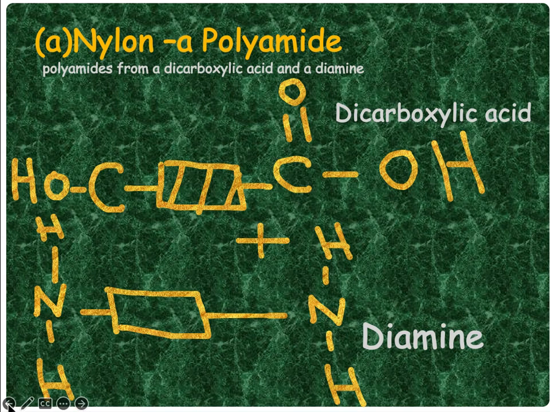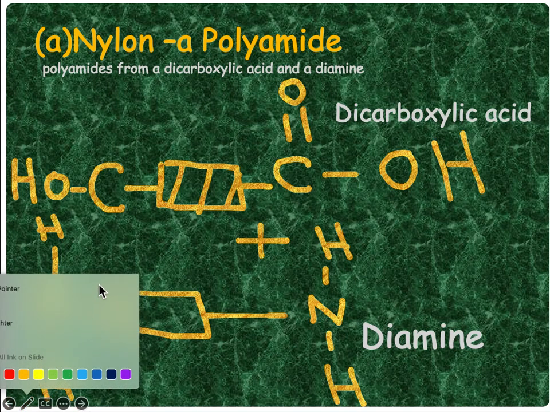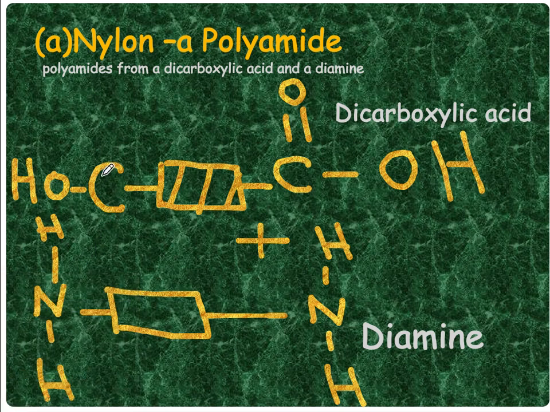Actually, the dicarboxylic acid is formed from a carbon atom bonded with OH and a double bond O, and we have a box which contains a radical, CH2, CH, whatever the number of carbons, and a bond with C double bond O, OH.